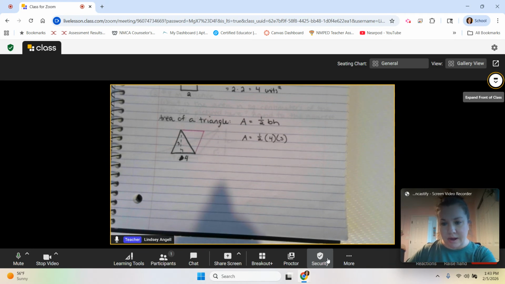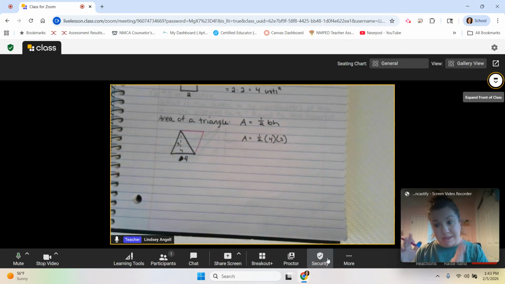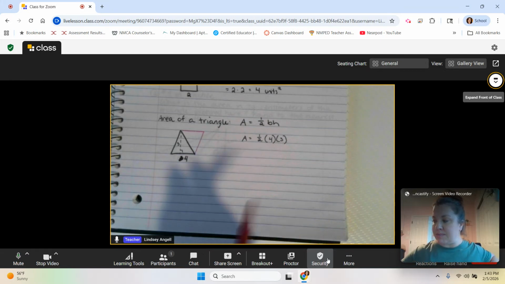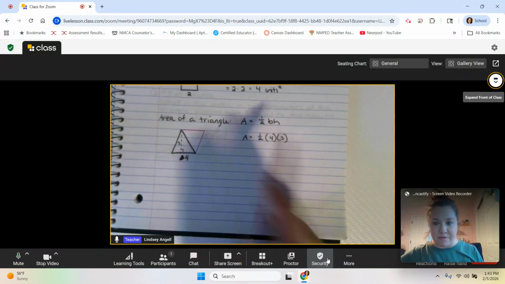A parallelogram is another quadrilateral, a four-sided figure, kind of like a rectangle, but it can be slanted like that. The formula for the area of a parallelogram, or a rectangle, is base times height. So if a triangle is half that, then we just take half the area.